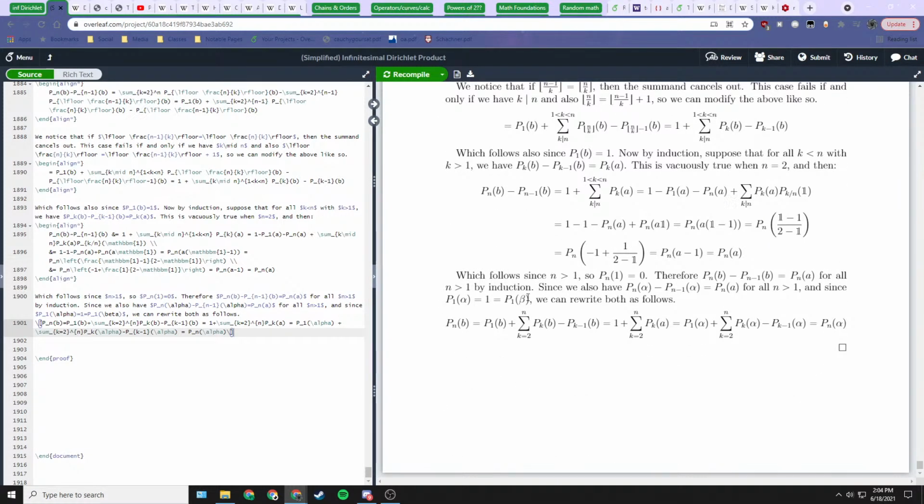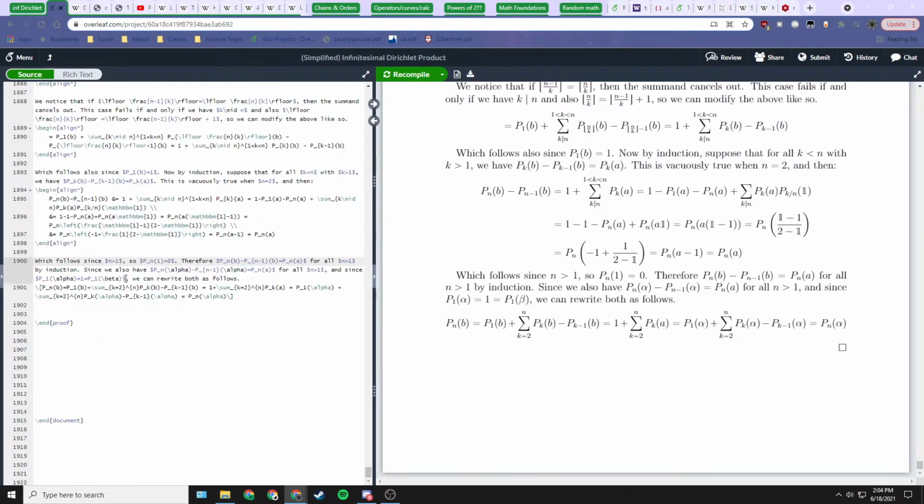And we already know that p sub 1 of b, sorry, this shouldn't be beta, this should be b, is 1. And then we just use this telescoping sum, so we can rewrite anything like this, but then this is just equal to this, because we have the consecutive difference property, but then also 1 is p sub 1 of alpha, and again we have the consecutive difference property, so this is p sub n of alpha.